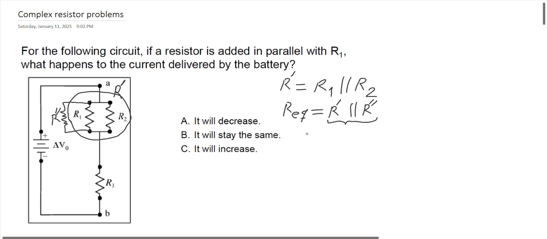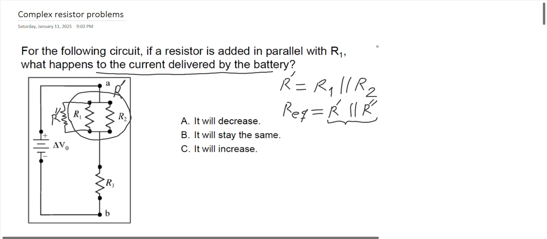Question is, we have R prime and now we have R prime in parallel with R second. What happens to the current delivered by the battery? How can I understand the question?